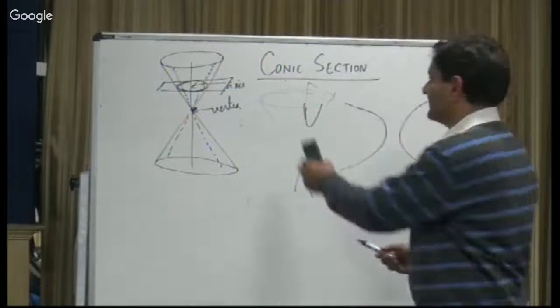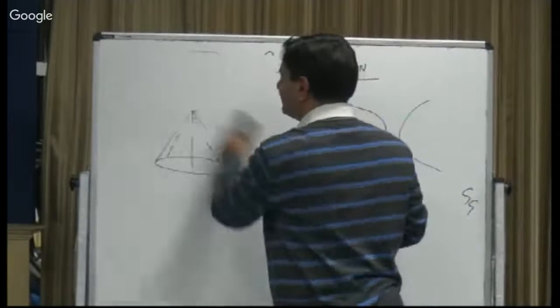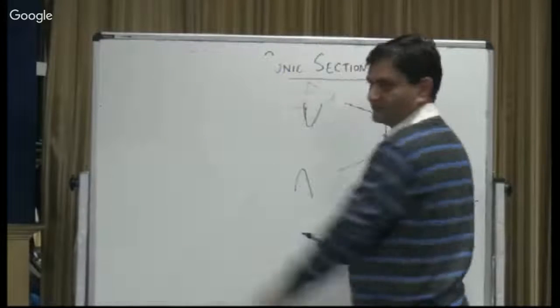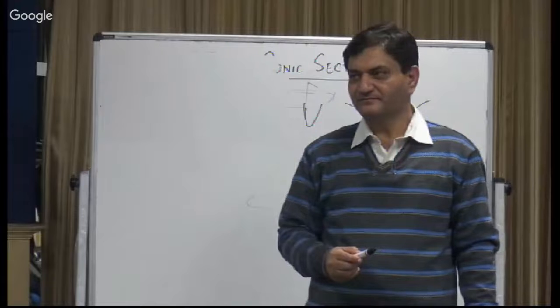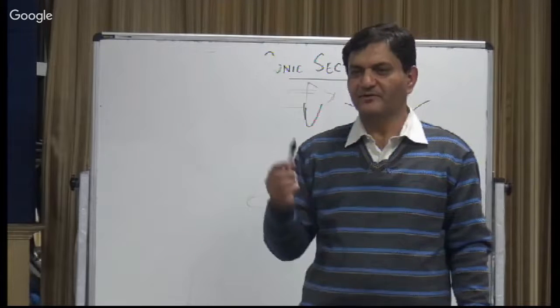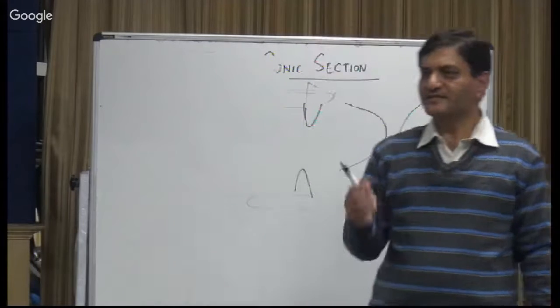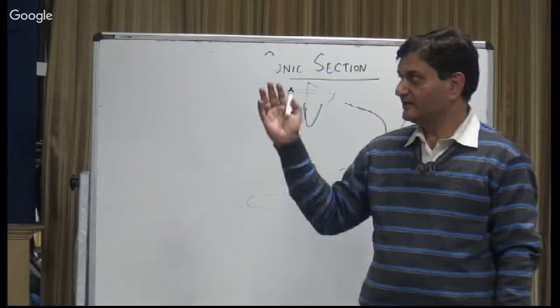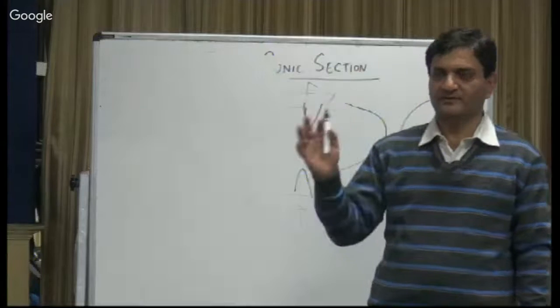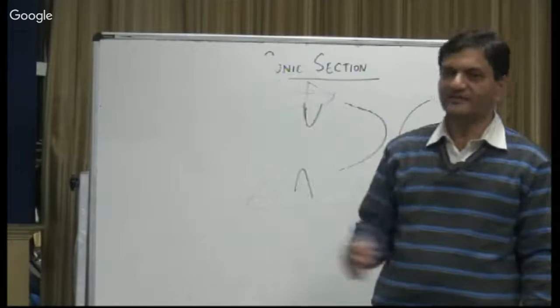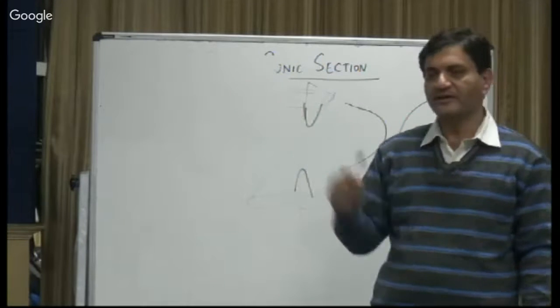The pair of straight lines will be on the surface of the cone. What else can you obtain? Think about it. So basically today we'll be focusing on parabola, ellipse and hyperbola. We are taking up the conic section. In the conic section we'll be dealing with these topics. Today we'll be taking up parabola.